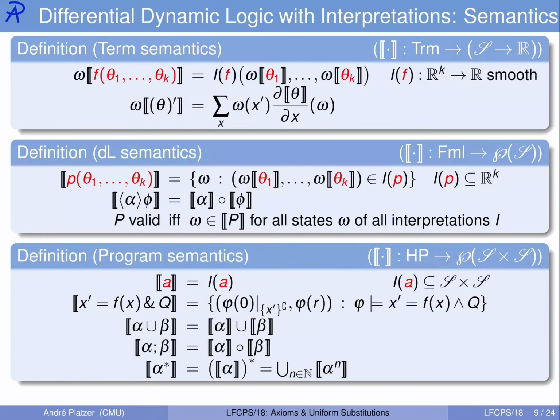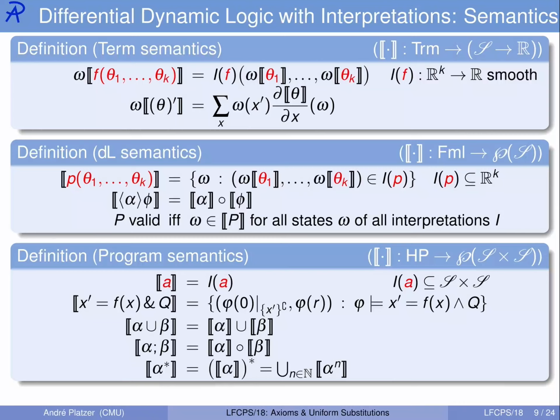And then we can say the value in the state omega of f applied to the argument terms theta 1 through theta k is just compute the values in the state omega of the various arguments, which will map the terms in the state to concrete real numbers. And then the interpretation of the function can be applied to this k tuple of real numbers and give us back a real number. That will be the meaning of this.